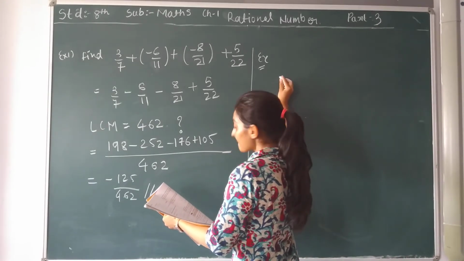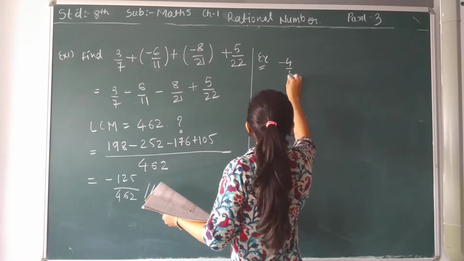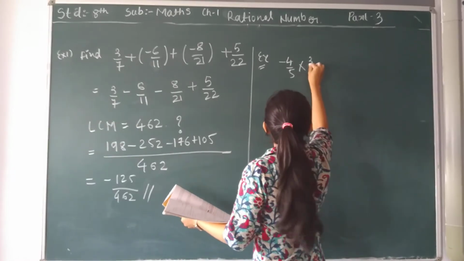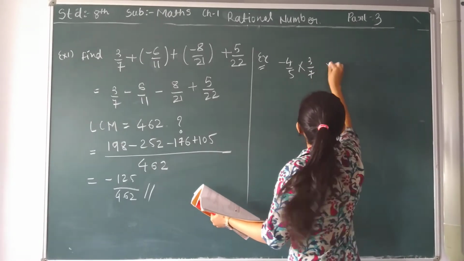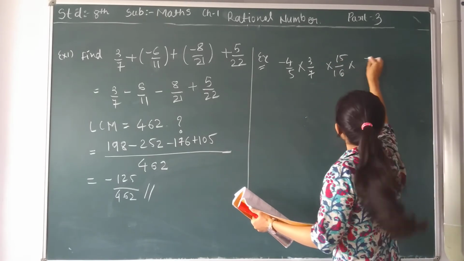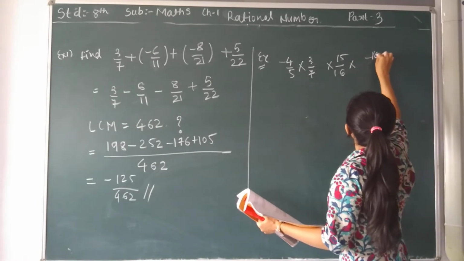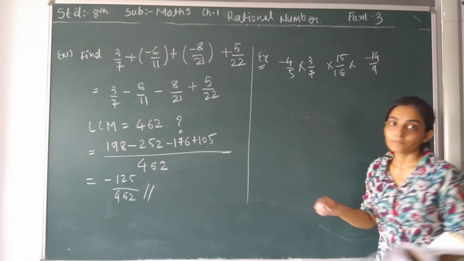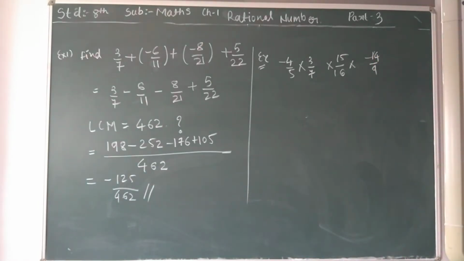Say minus 4 upon 5 into 3 upon 7 into 15 upon 16 into minus 14 upon 9. Okay, now try to solve this one.